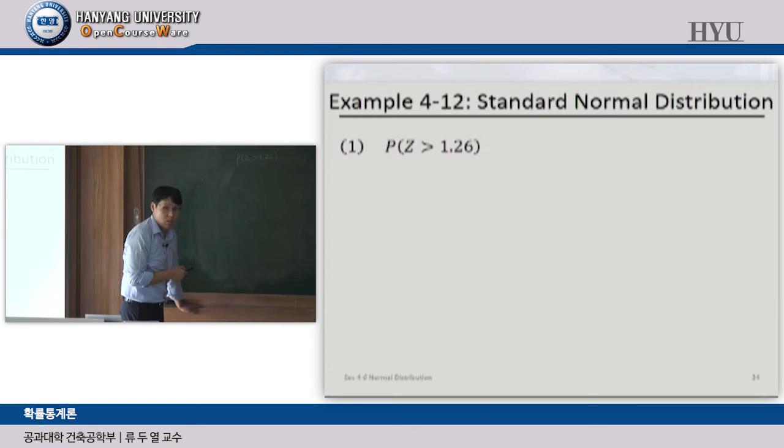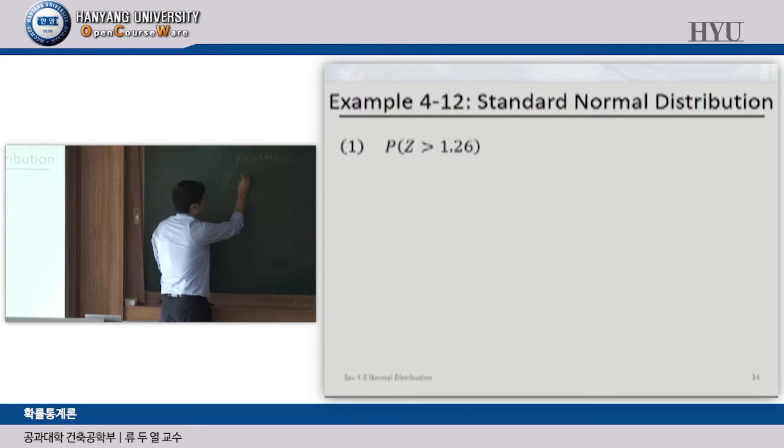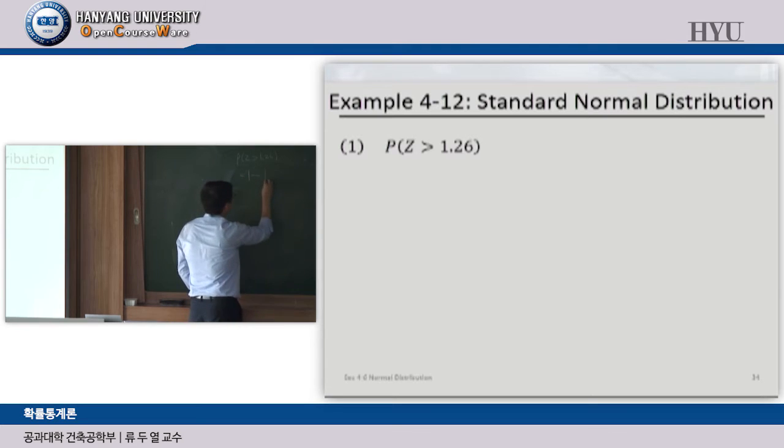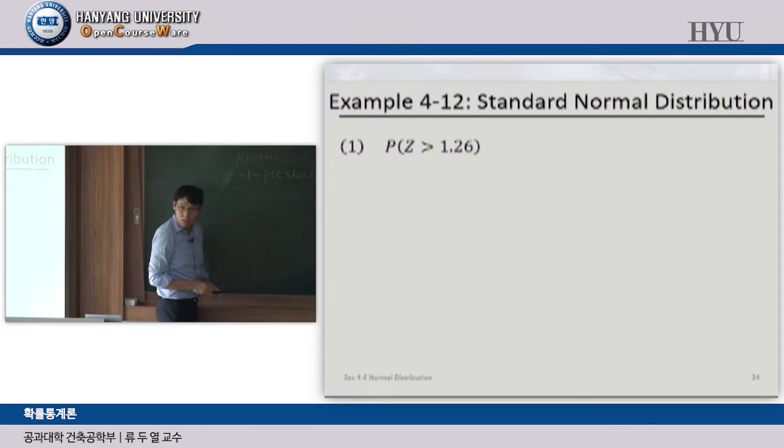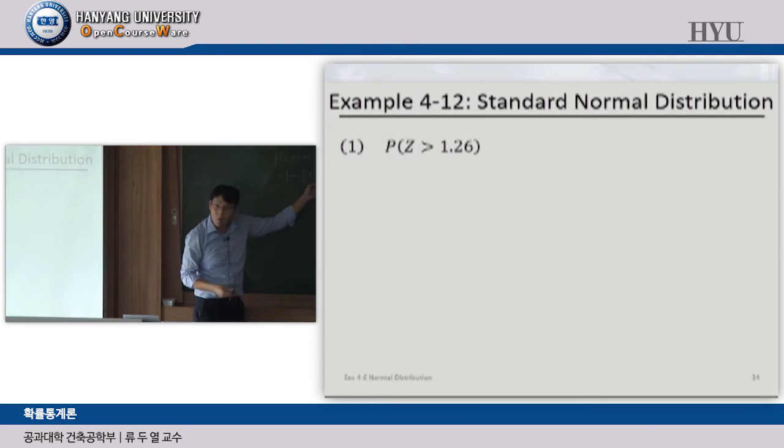If we want the cumulative distribution function for this expression, we have to change it to 1 minus the probability of Z when Z is smaller than or equal to 1.26, because this is the cumulative distribution function.